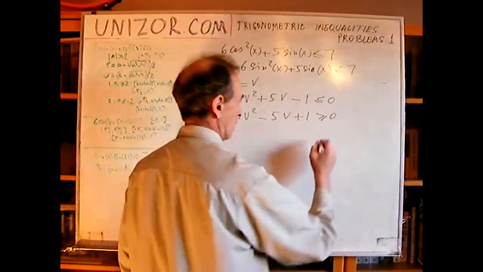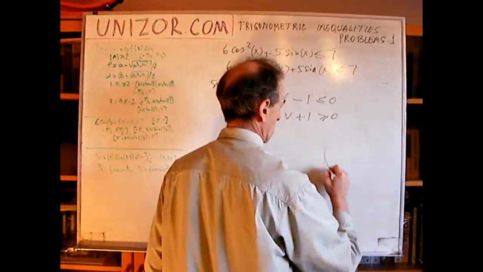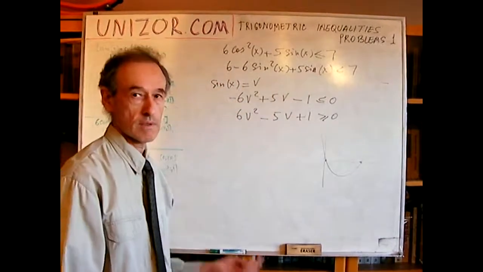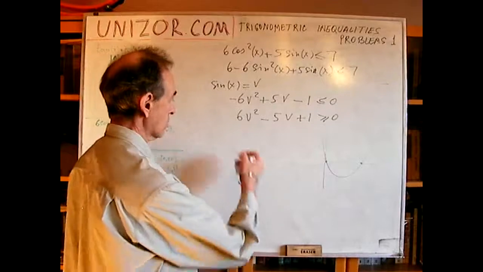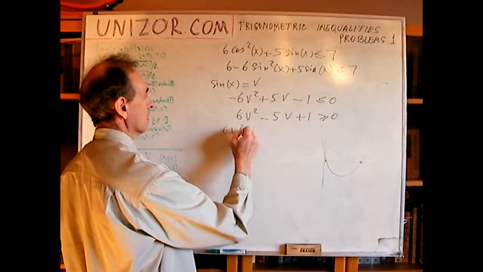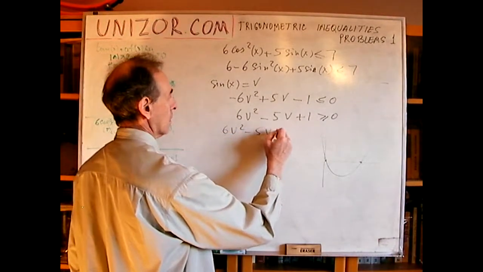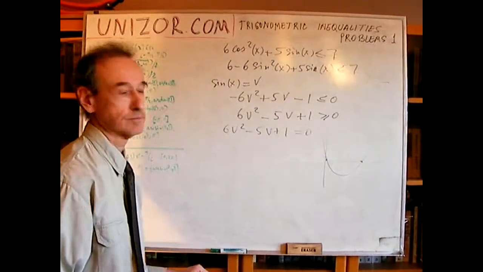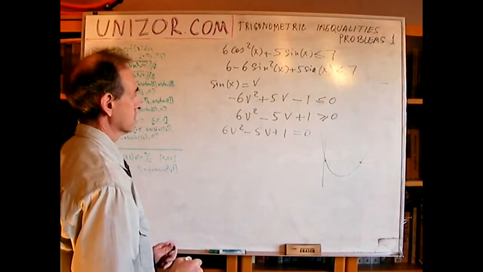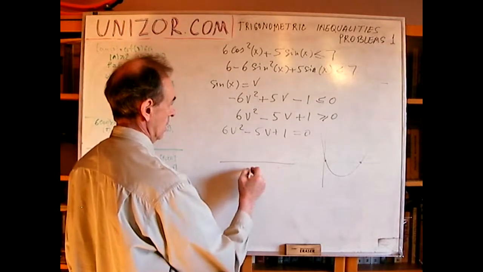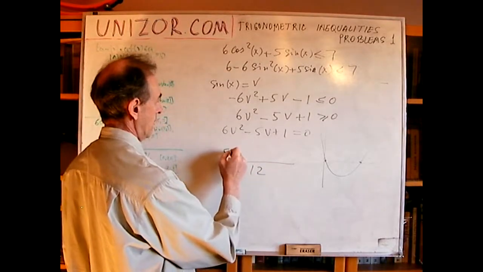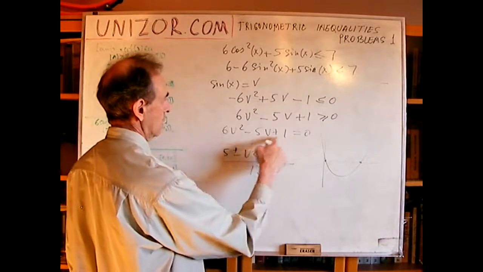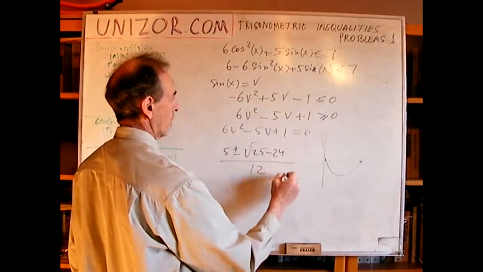So all we need to know are two values where it intersects the x-axis. So it's basically the solutions to this equation. All right, so what are the solutions? 5 plus minus square root of 25 minus 4 times 24, over 12.